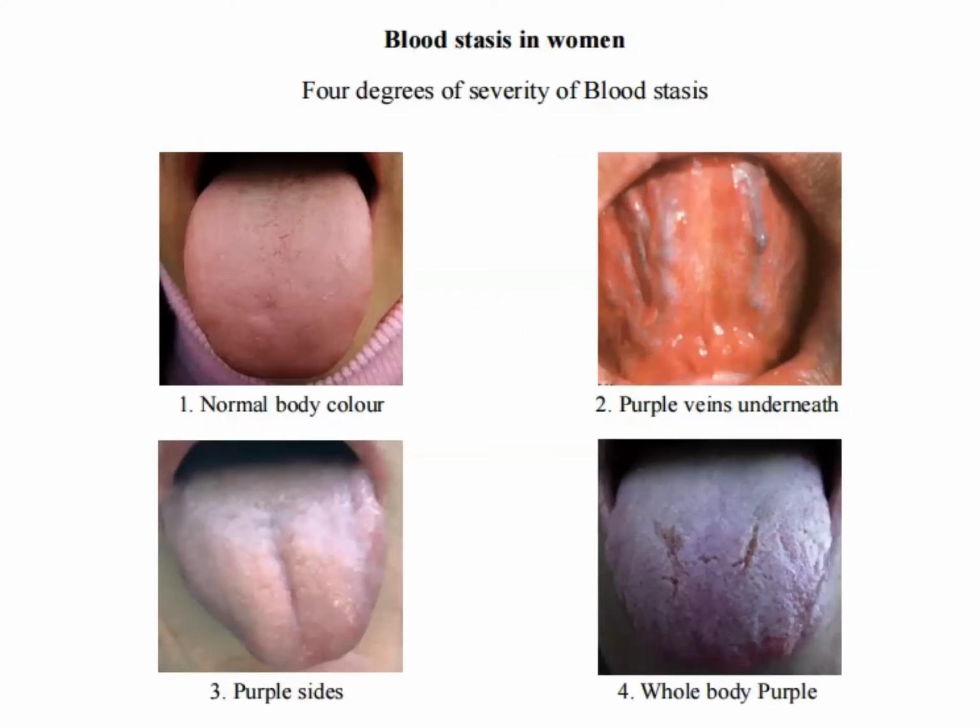So, 4 degrees of severity of blood stasis. Here is our picture. So, the normal body color, number 1. Then the purple veins underneath. We can see that, right? The veins look swollen. Next, number 3, the purple side, liver and gallbladder area. And number 4, we see the full body purple.